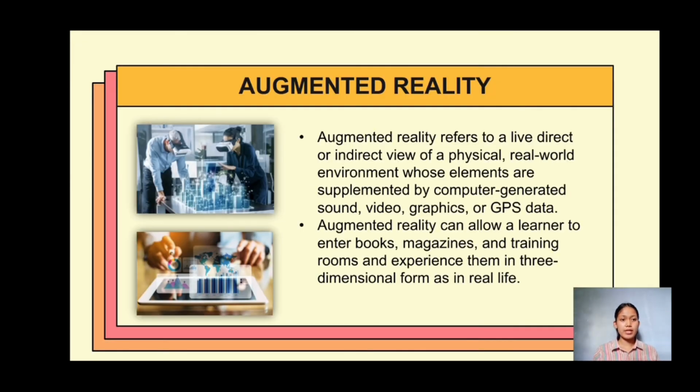The next term is augmented reality. Augmented reality refers to a live, direct, or indirect view of a physical, real-world environment with computer-generated sound, video, graphics, or GPS data supplementing the elements. A learner can use augmented reality to enter books, magazines, and training rooms and experience them in three-dimensional form, just like they would in real life.